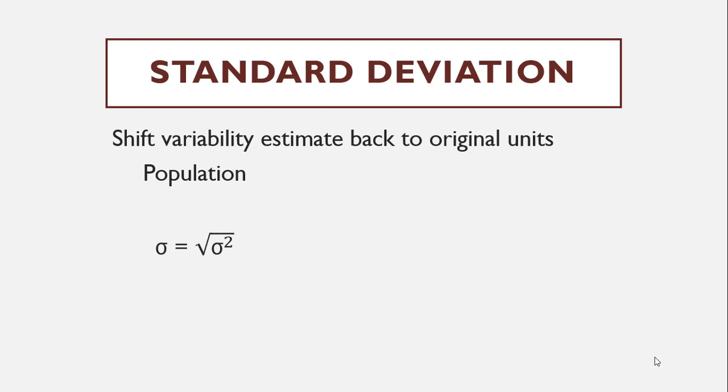So here we see sigma squared, for a population, that's the variance. We just take the square root of the variance, and that gives us the standard deviation. That also means if somebody gives you the standard deviation, and for some reason you need the variance, all you have to do is square it. You can easily go back and forth just by squaring and square rooting.